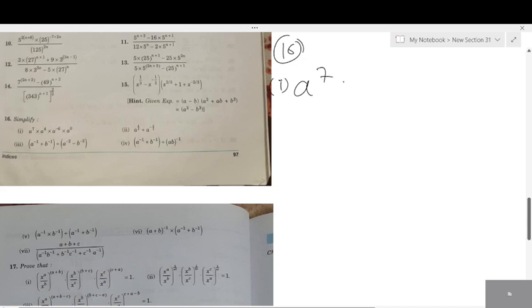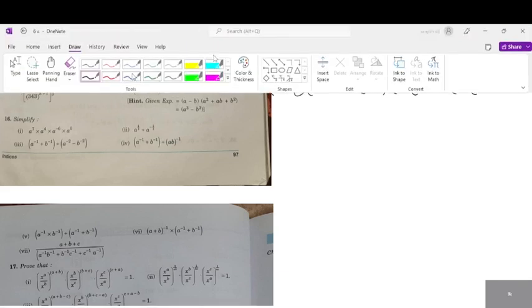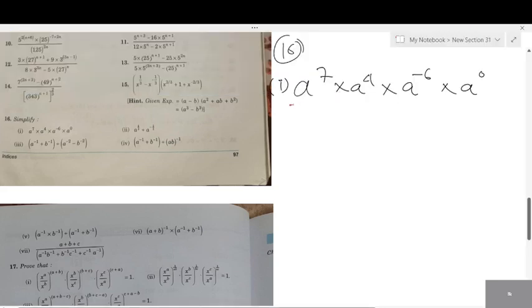A to the power of 7 into a to the power of 4 into a to the power of minus 6. Okay. The first point here is, is the base same for all 4? Base is same, right? A. And what sign is present in between all 4, students? Multiplication. So let me take A to the power of 7.